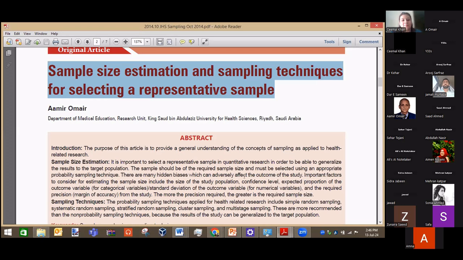Now, it was written for residents. There are 3 or 4 other papers in this series that are talking about study designs and statistical methods. I will share all of them, or you can just Google them and you can get them. They are free, open access, so you can download them.